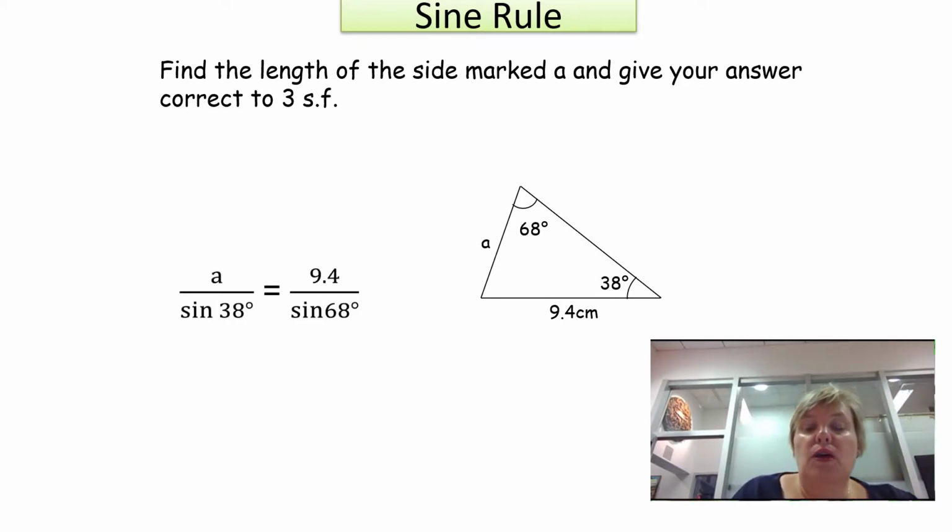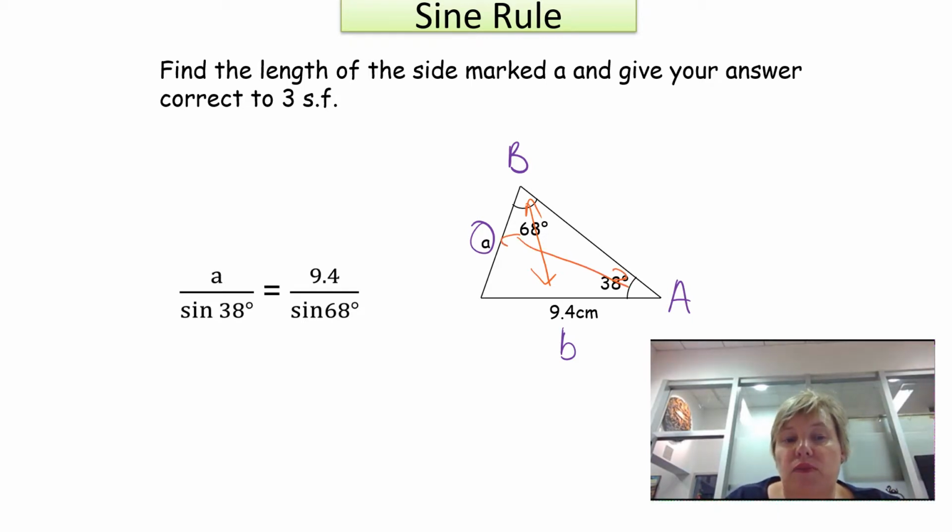All right, so what I noticed here, and I'm going to do some labeling, is that this side here I'm going to call angle A, which means its opposite side is little a. And then this side here I'm going to call little b, because its angle is big B. You'll notice these guys are in pairs. So if you have a look, the side and the angle are always opposite each other.